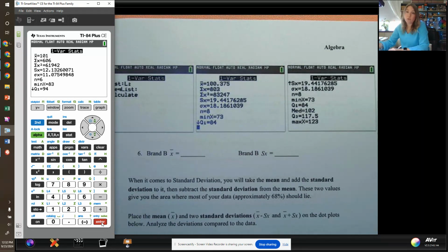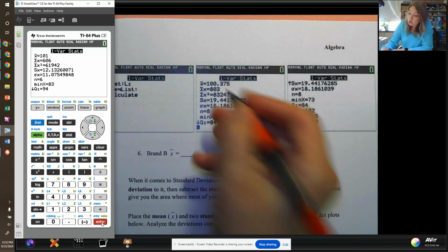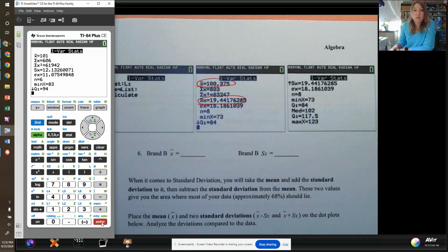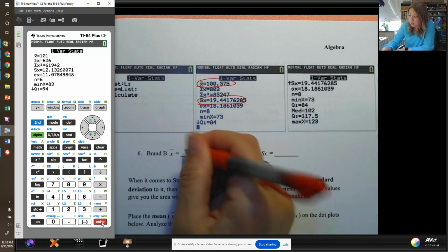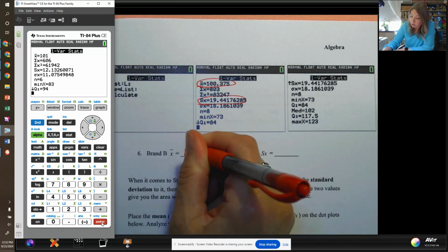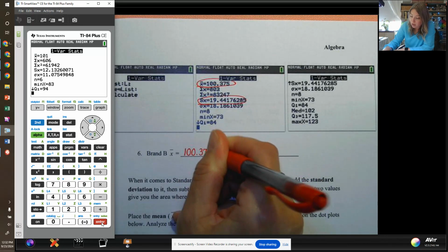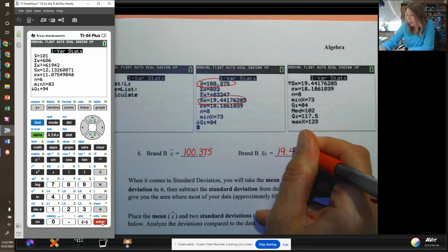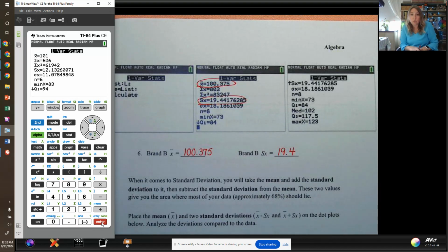Okay, so I just give you all those screens in here so that you can see exactly what I'm referencing. And I give you the typed out words that I'm saying so you can do this on your own at any point. So this is brand B, which was 100.375 as its mean. And we did round to the nearest tenth, so this is going to be 19.4 as its standard deviation. I did tell you could round to the nearest tenth, so I did.